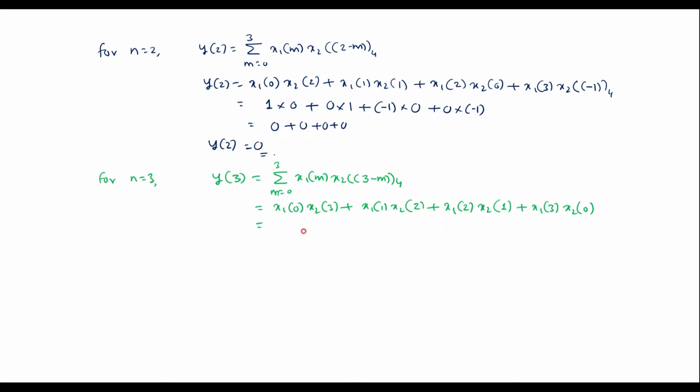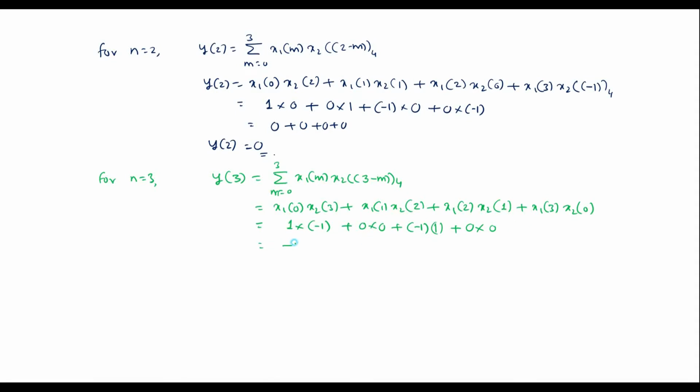So substituting the values, x1 of 0 is 1 into x2 of 3 is minus 1, plus x1 of 1 is 0 into x2 of 2 is 0, plus x1 of 2 is minus 1 into x2 of 1 is plus 1, plus x1 of 3 is 0 into x2 of 0 is 0.